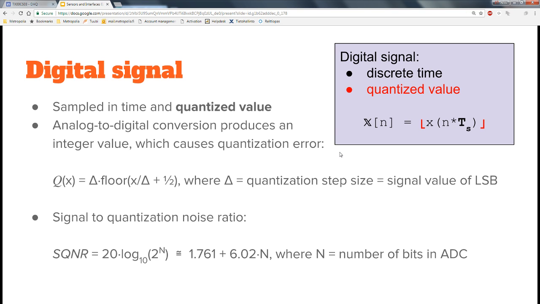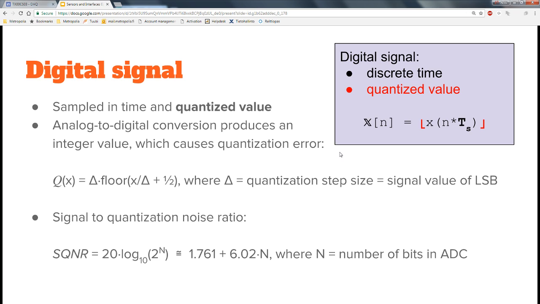Okay. So the digital signal, a little bit more into it. It's sampled in time and quantized in value, and of course in this process you will get some error.